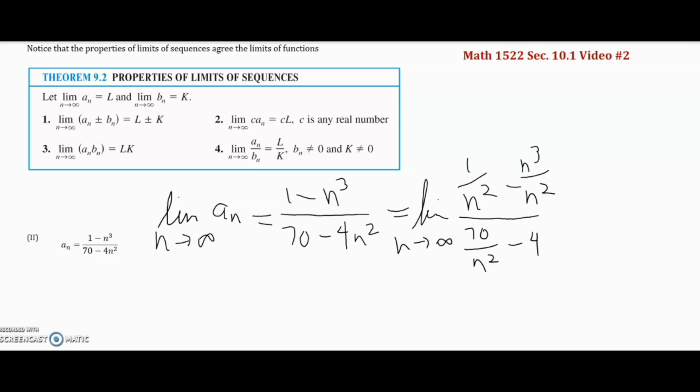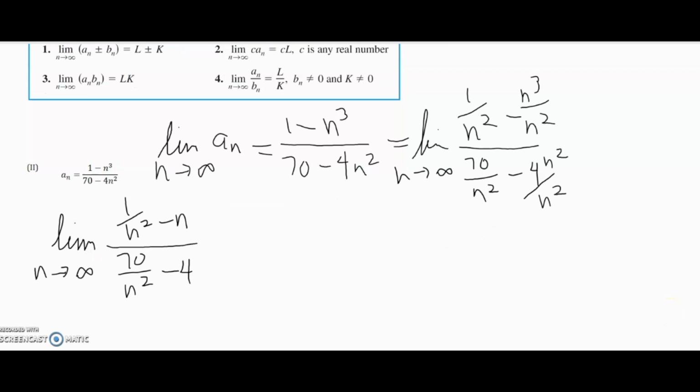All right, let me go ahead and simplify this a bit. As I take the limit as n goes to infinity, I notice that 1 over n squared goes to 0. 70 divided by n squared goes to 0. My minus n here actually goes to negative infinity.